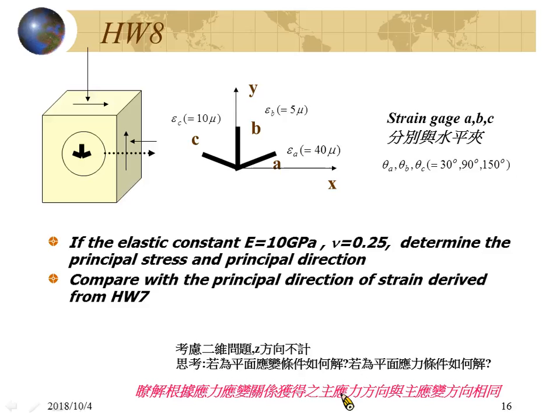Since you have the principal stress and principal directions, you can evaluate the principal strain and the principal direction of strain. And you can compare with homework 7. In homework 7, you already calculated the principal strain and the principal strain directions from the measurement. I give you this.